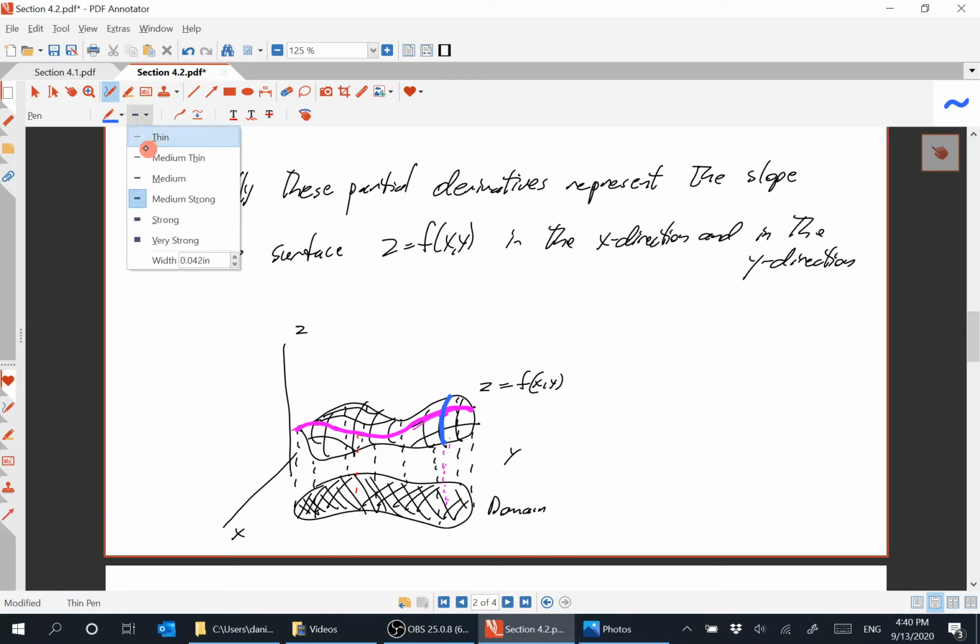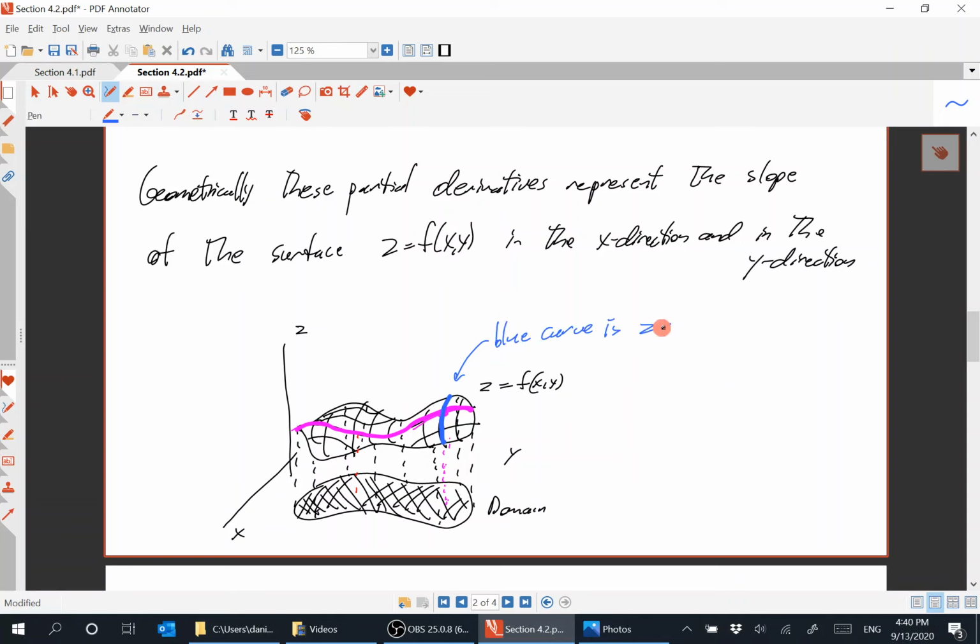Okay, so the blue curve is z equals f(x, y), that is, y is constant.